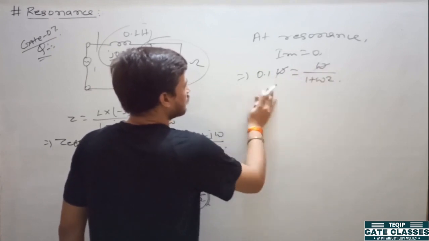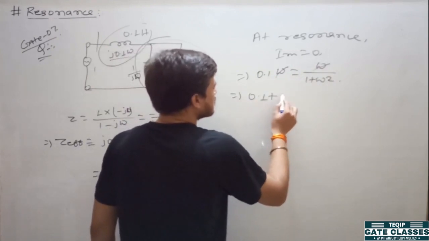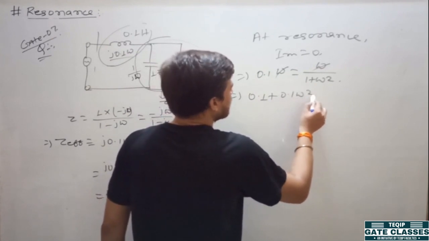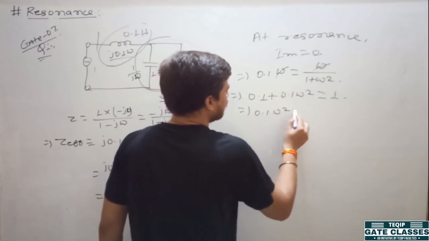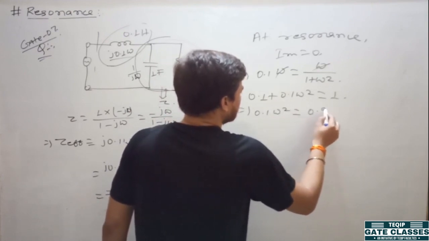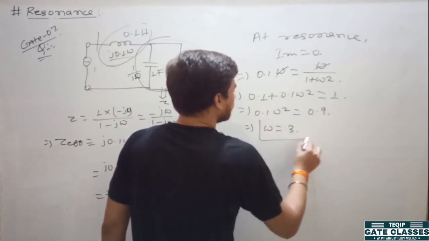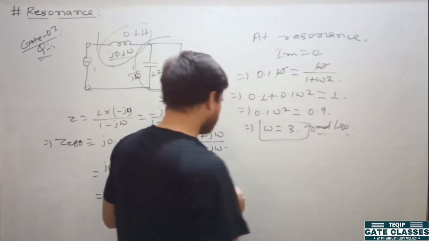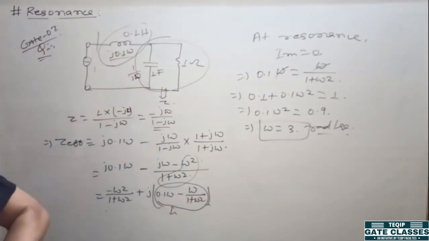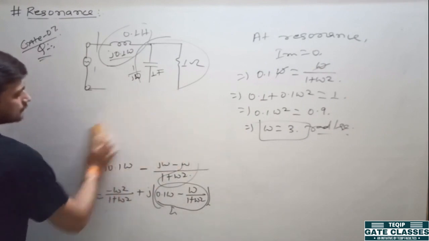So from here you can write 0.1 plus 0.1 omega square will be equal to 1. From here 0.1 omega square will be equal to 0.9. From here omega is equal to 3. So omega is equal to 3 radian per second. So this is the value of the resonant frequency of this circuit. Clear?